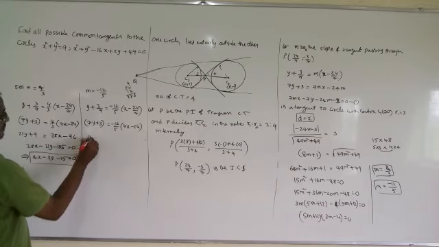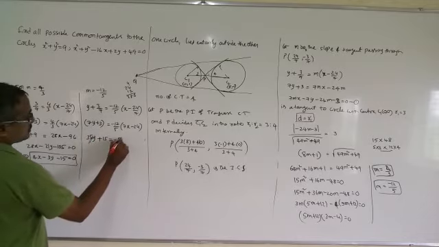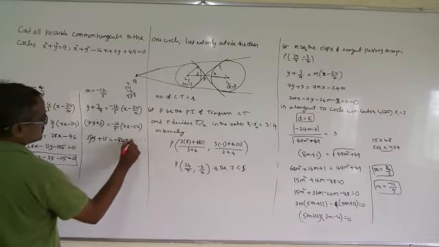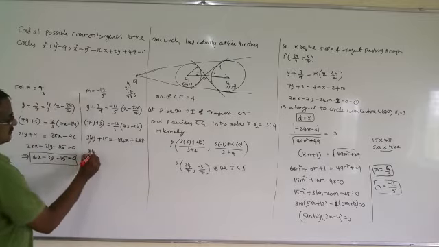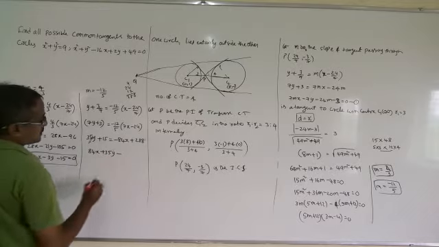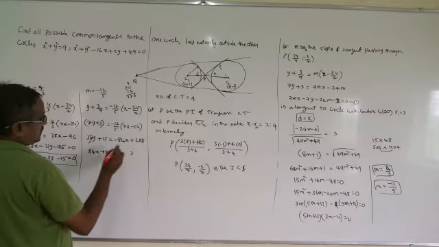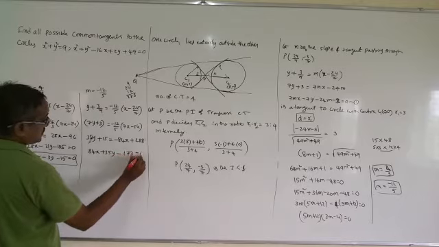So 35y plus 15 equal to minus 84x plus 288. So 84x plus 35y minus 371 is equal to 0.